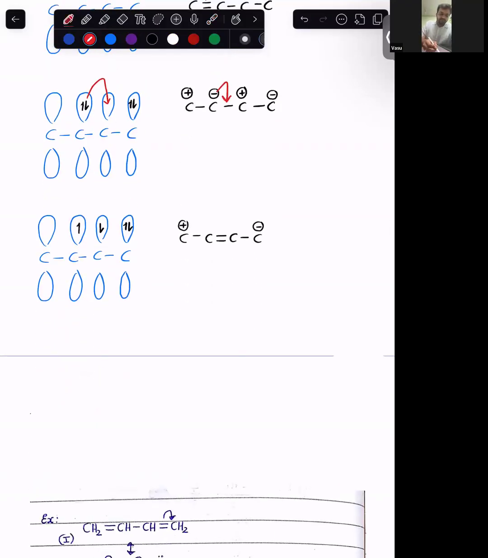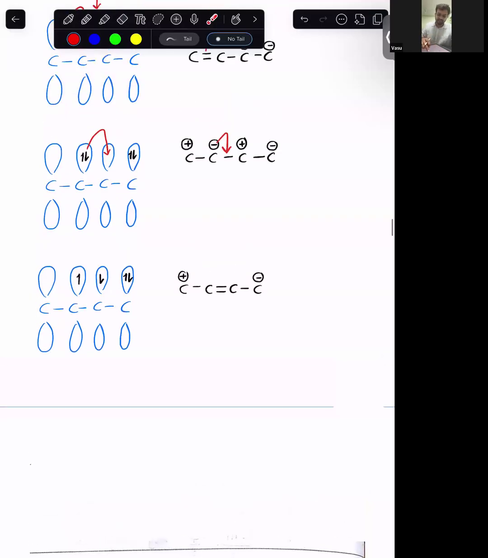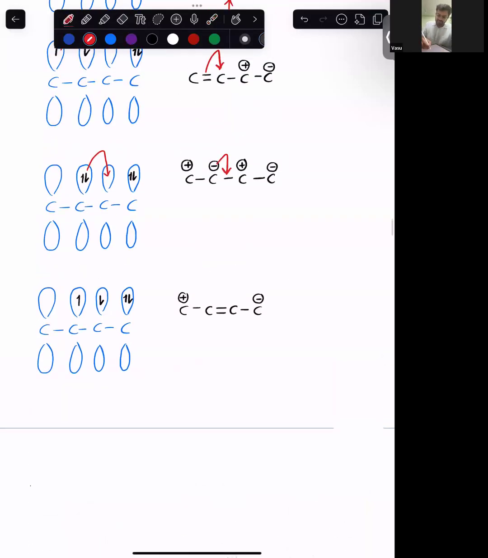Then again, what can I do? Again, you can take this into here. As this has already formed a pi bond, you can take this into here. You can do several variations of it, or you can directly mark a structure. Take this negative charge and form a pi bond. Carbon cannot make 5 bonds, right?